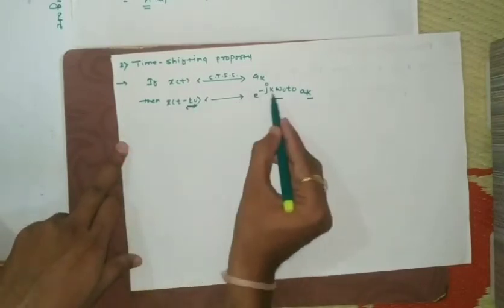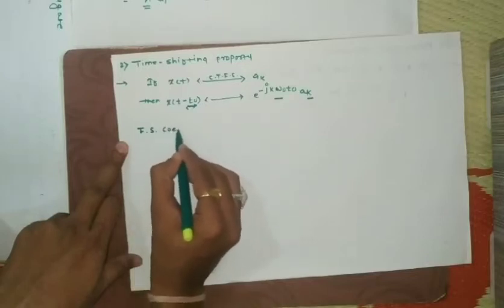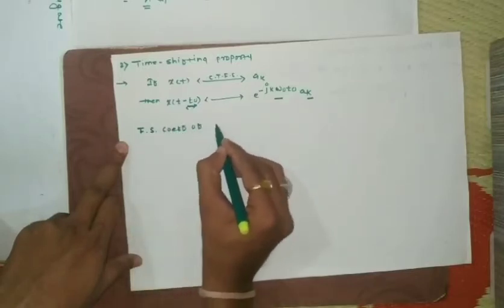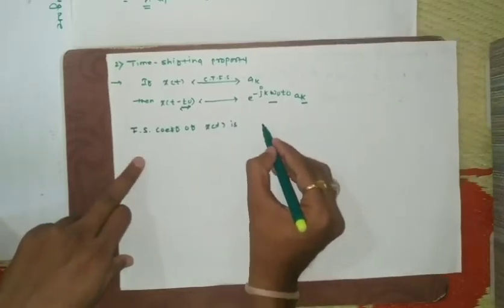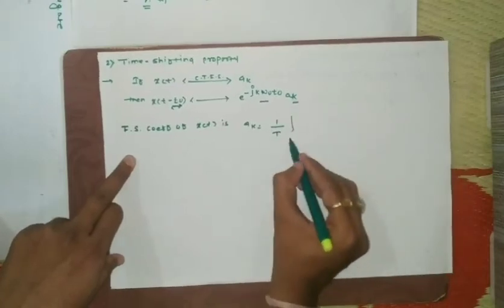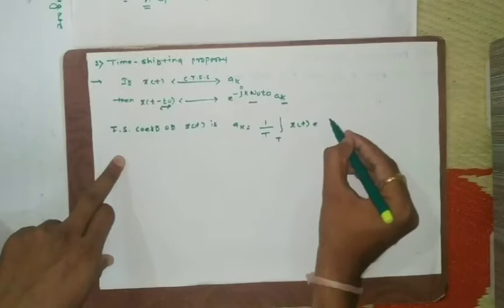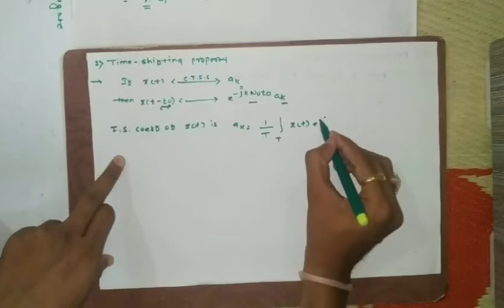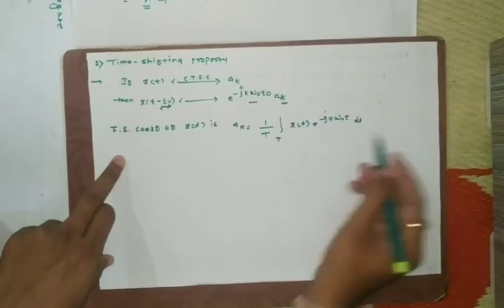we'll go for finding its Fourier series coefficient. I am writing the Fourier series coefficient of x of t: we have that formula as ak is 1 upon T with its integration, input signal as x of t, into e raised to minus jk omega naught t into dt.